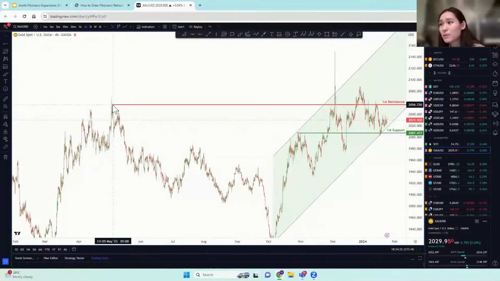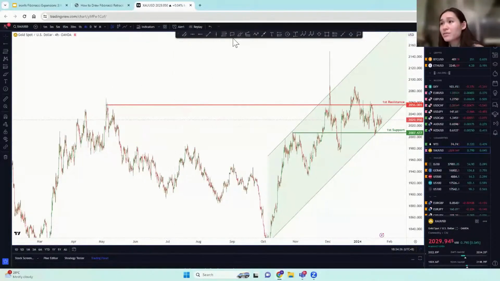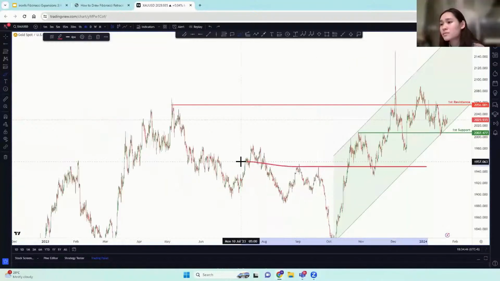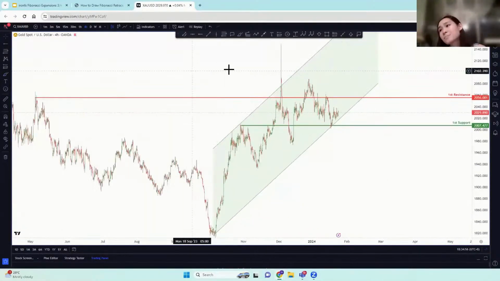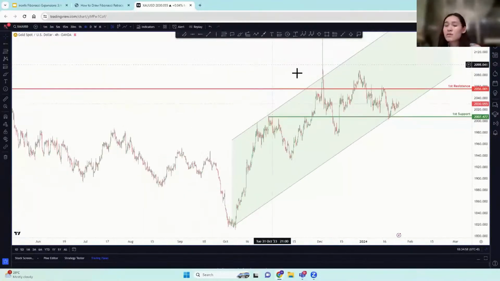So here, I'm pulling it back all the way here so that I can see that I have one swing high and two swing highs here.